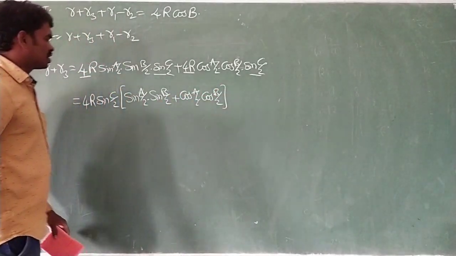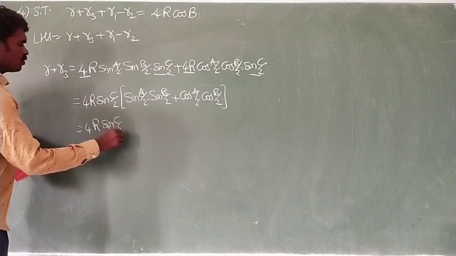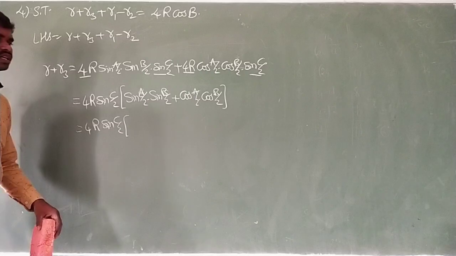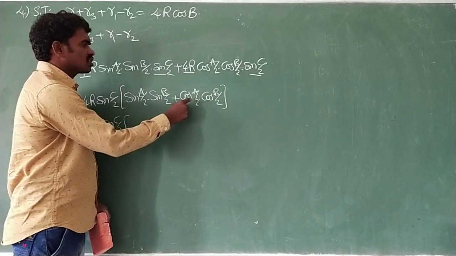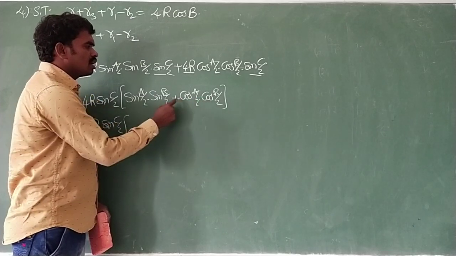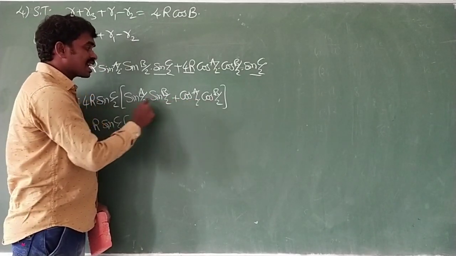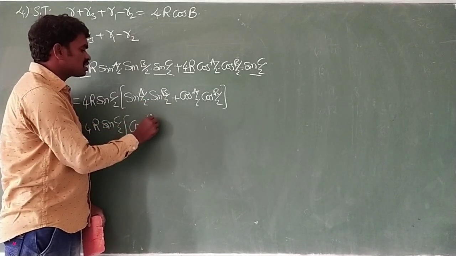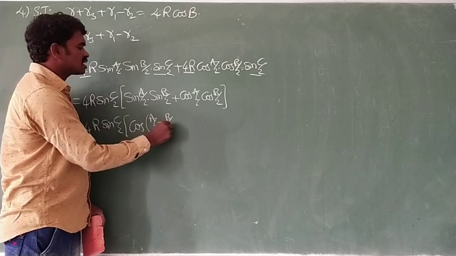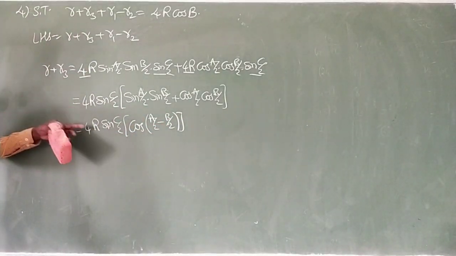So this is 4R sin C by 2 times that. Now observe the trigonometric formula: cos A cos B plus sin A sin B is cos of A minus B. Am I right? That means cos of A by 2 minus B by 2. Okay, that's it. r plus r3 means this.